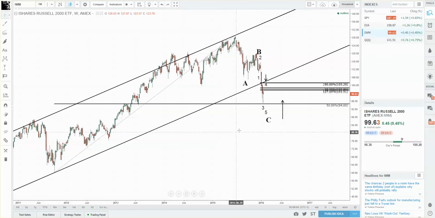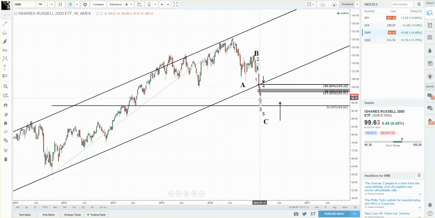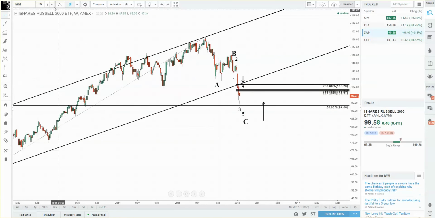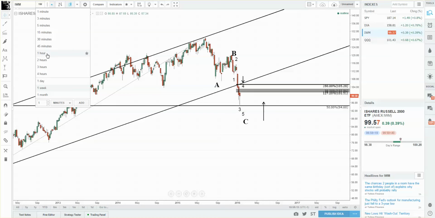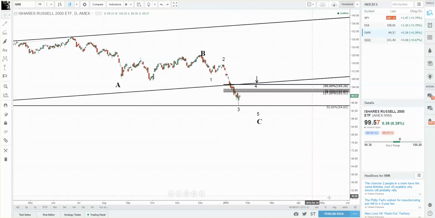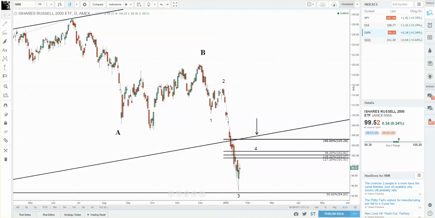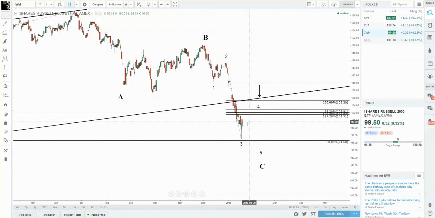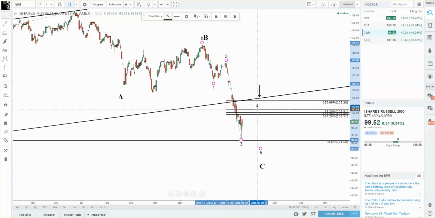Okay, but many times we don't just continue lower. There is a retest. Sometimes it's called a final kiss before the goodbye, whatever you will. But either way, this is proving to be textbook for a continued rally here, very likely in a wave 4.